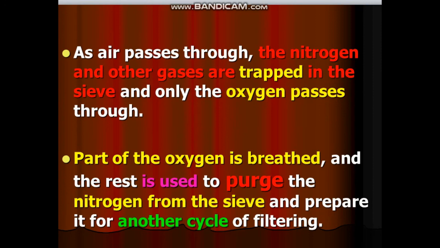As air passes through, the nitrogen and other gases are trapped in the sieve, and only the oxygen passes through. Part of the oxygen is breathed and the rest is used to purge the nitrogen from the sieve and prepare it for another cycle of filtering.